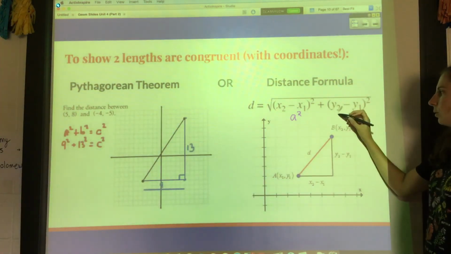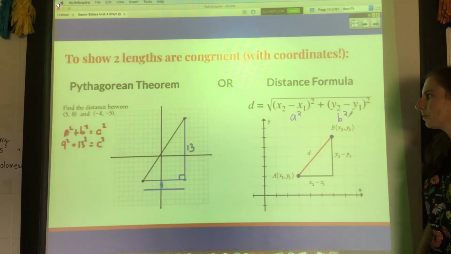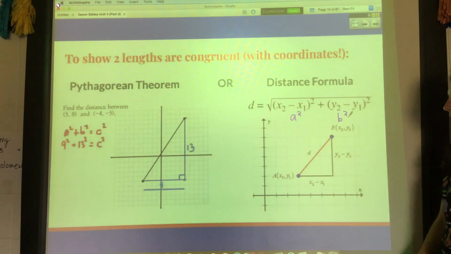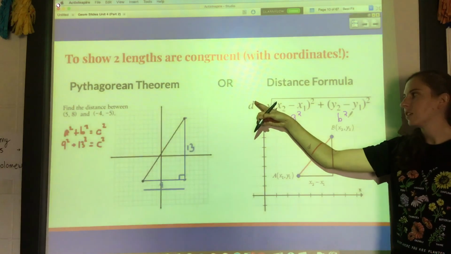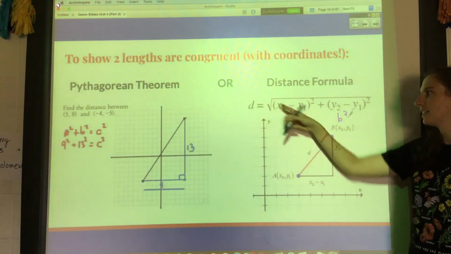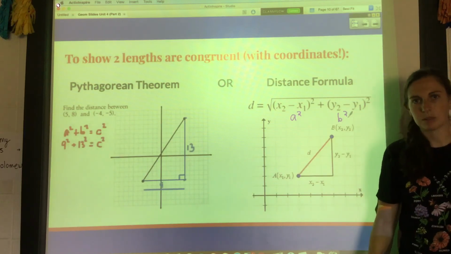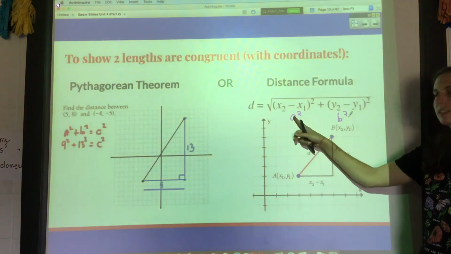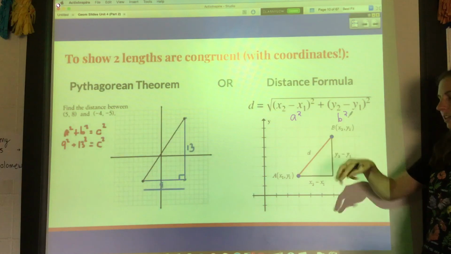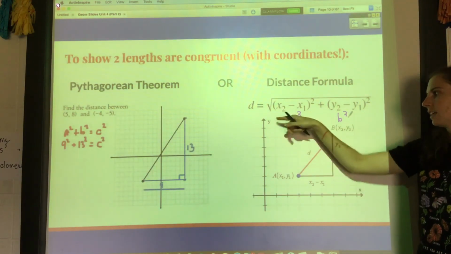And then you square it, which is the same thing as b squared. And then it equals the distance squared. And to solve for it, you square root both sides, and so that's why this is square rooted. And so basically it's literally the same as Pythagorean theorem. It's like the x value squared plus the y distance squared, and then you square root it.